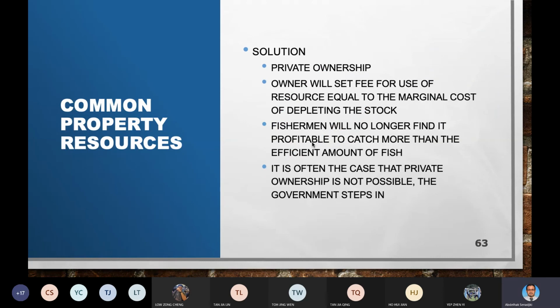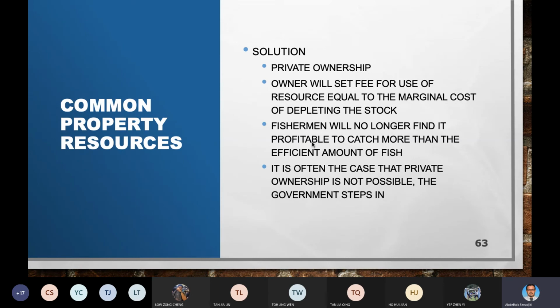So what is the solution? I will say private ownership. When we give an owner this scenario, the owner will set a fee for the use of the resource equal to the external cost, the social cost of depleting the stock, that results from fishing.